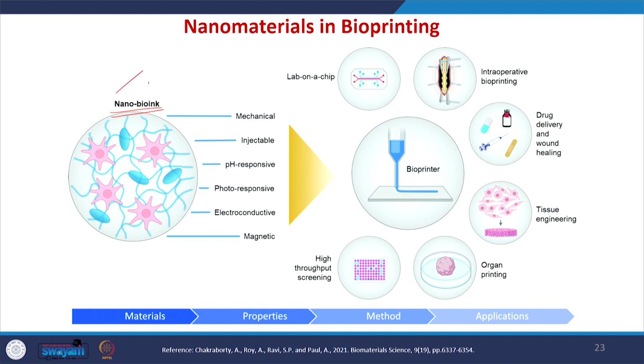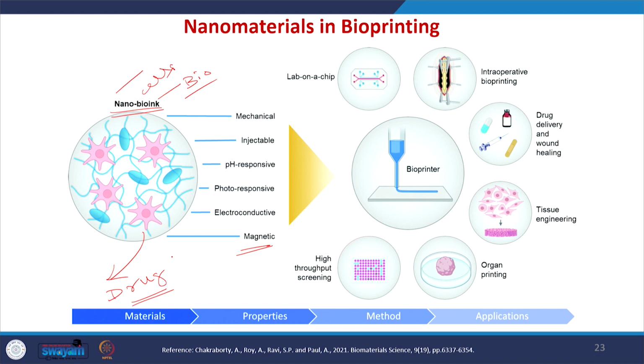When compared to the traditional bioink, this nano bioink has a lot of advantages. It has the nanomaterial, the cells, as well as the biomaterial. So, this nano bioink can be useful for various applications. For example, if you use magnetic nanoparticles in the bioink, then with the help of an external magnetic field, we can allow the drug to release in a slow and sustained way.